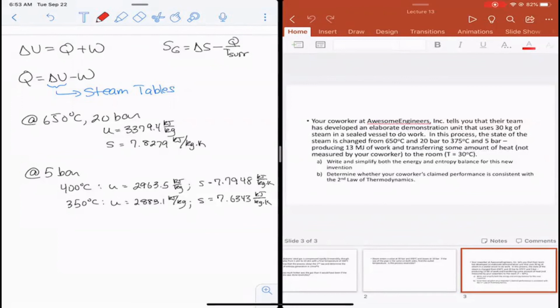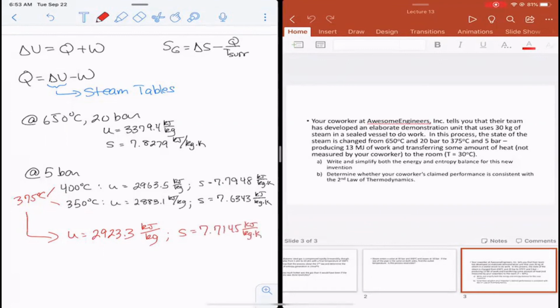But that interpolation formula just assumes a straight line. And if we're looking for a data point right between these two, which is 375 degrees C, which we are, we actually can find it just by taking the average of these two values. So at 375 degrees C, the internal energy is equal to the average of those two numbers, which is 2923.3 kilojoules per kilogram, and the entropy is 7.7145 kilojoules per kilogram Kelvin.